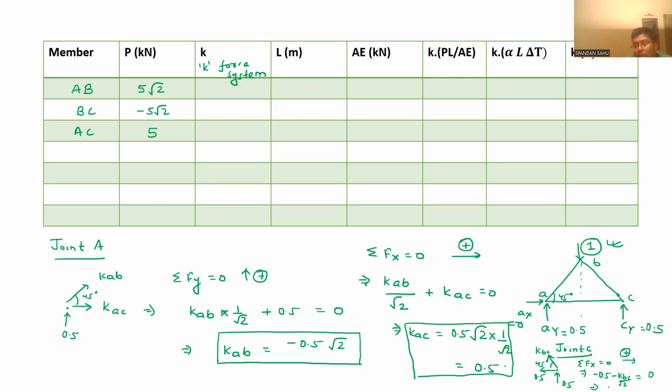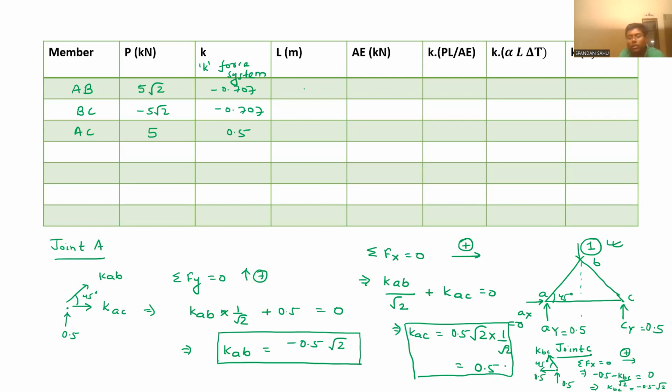So from here we are getting KBC as minus 0.5 root 2. So we got KAB as minus 0.5 root 2, which is minus 0.707. BC we got the same, minus 0.707, and AC we got 0.5.